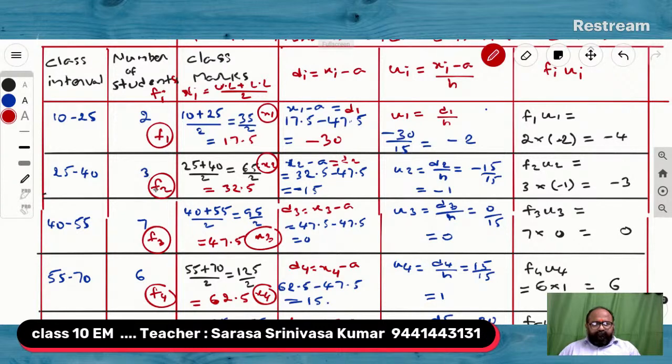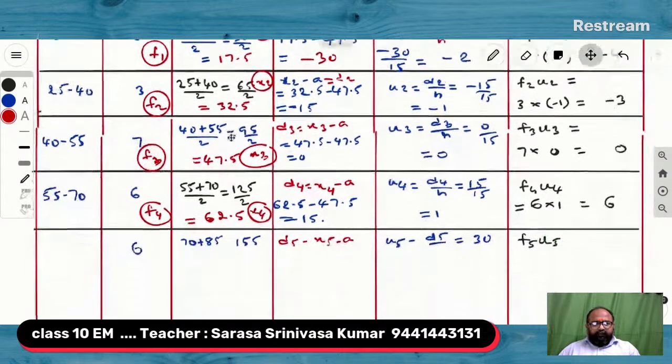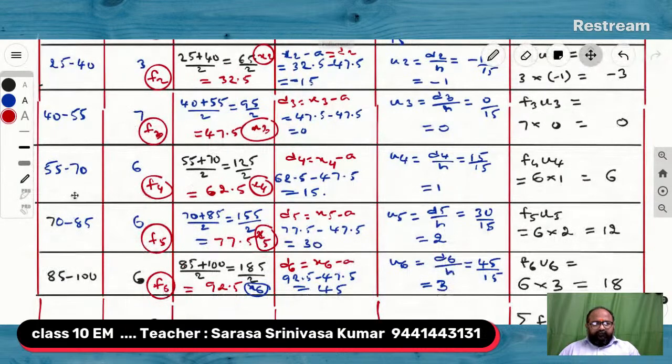It is taken as F2. 40 to 55, number of students 7. We take it as F3. Next class interval is 55 to 70, number of students 6. It is F4.